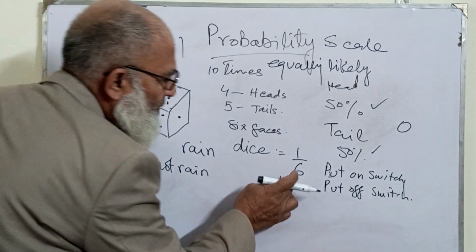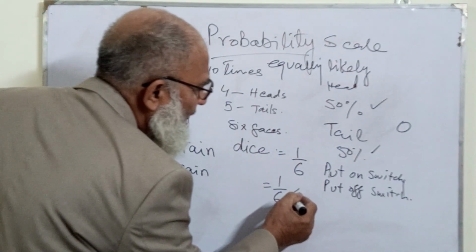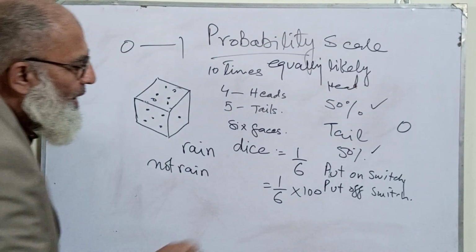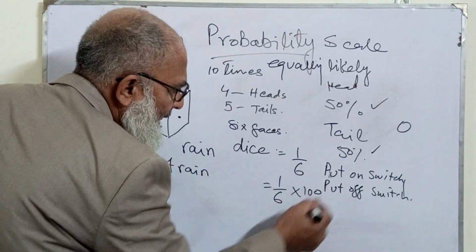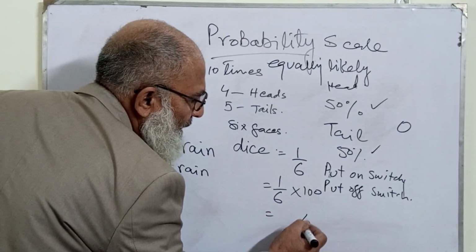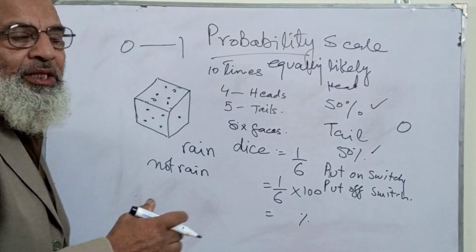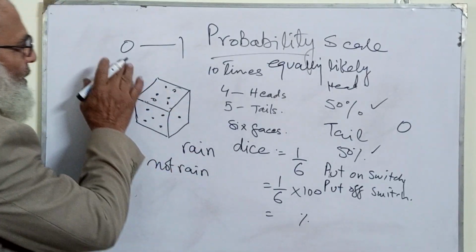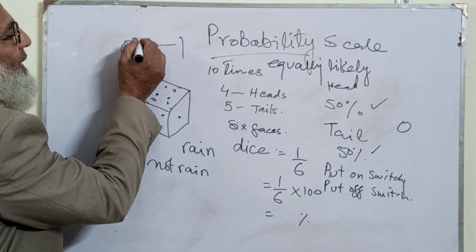If I multiply 1 by 6 with 100, it will become a percentage, and this will be more than 0. This will fall here somewhere.